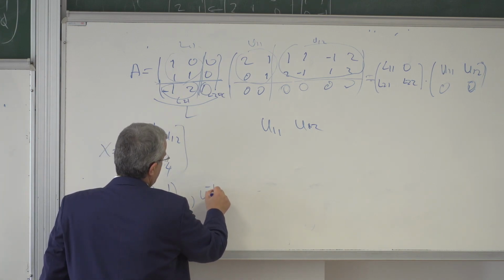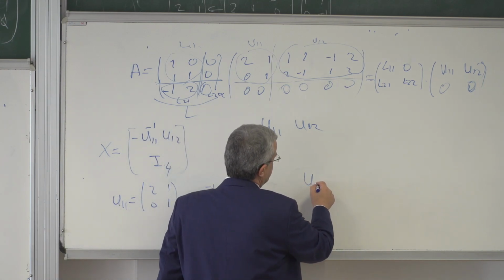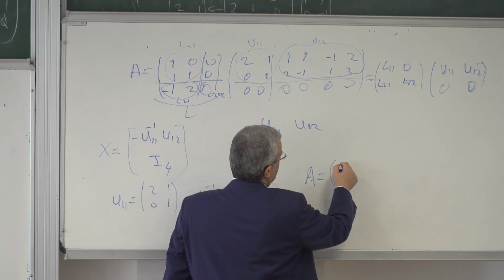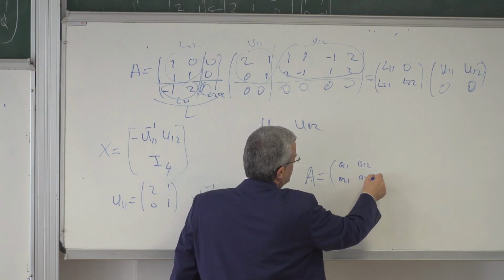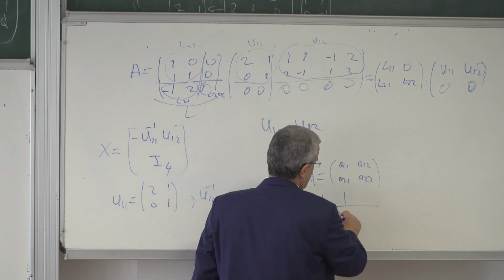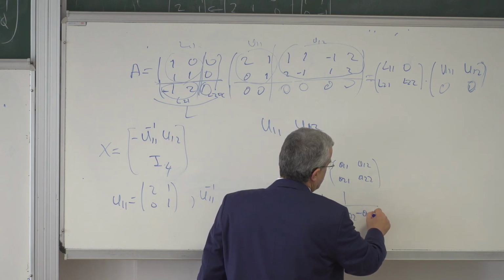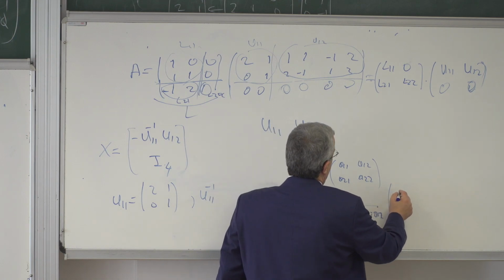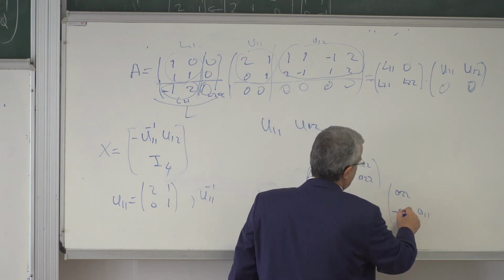U11 inverse. Let me just give you this simple formula. You can derive it yourself. If you have A is equal to A11, A12, A21, A22, A inverse is equal to 1 over A11, A22 minus A21, A12 times, you just switch these and switch the sign of these.